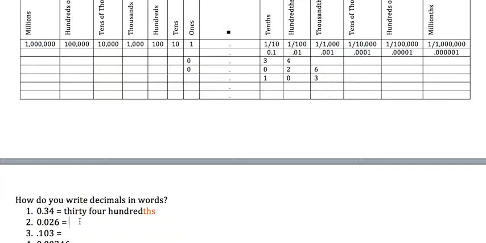Okay, so then the next one is 26 thousandths. It's really important to get that THS on the end because if you forgot about the THS, you'd actually end up with one of these really big numbers up here, which is a very, very different thing.